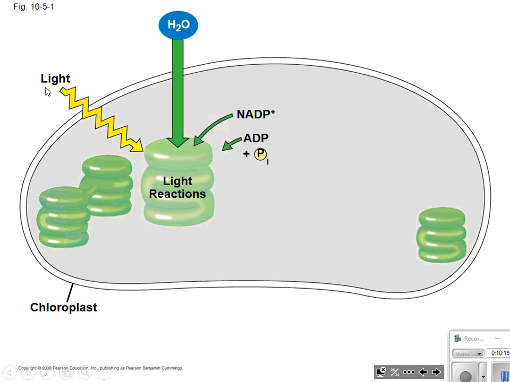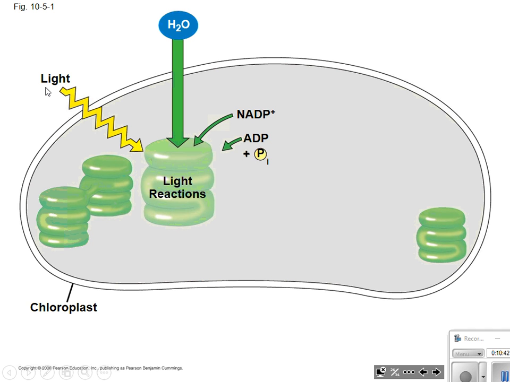But let's start right here with light. We need light in order to have photosynthesis occur. Now, like I said before, where does the majority of the plants get their light from? From the sun, correct.